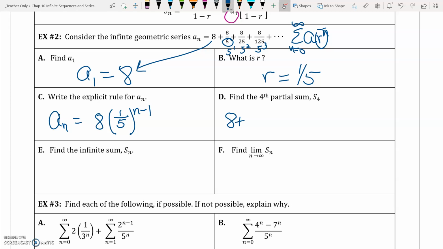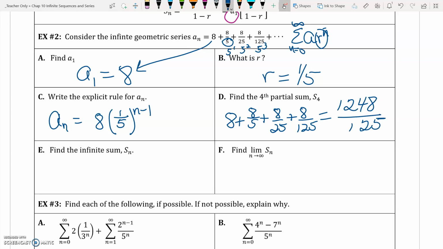So I have 8 plus 8 fifths plus 8 25ths plus 8 over 125. Finding a common denominator and simplifying, I get 1,248 over 125.